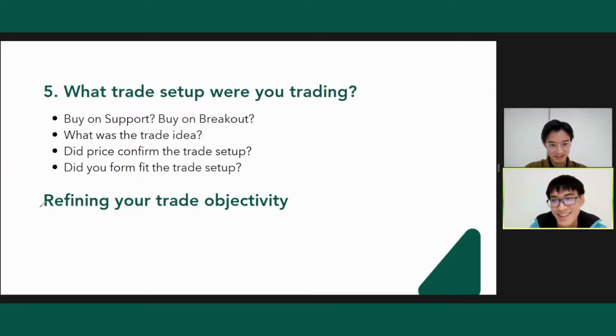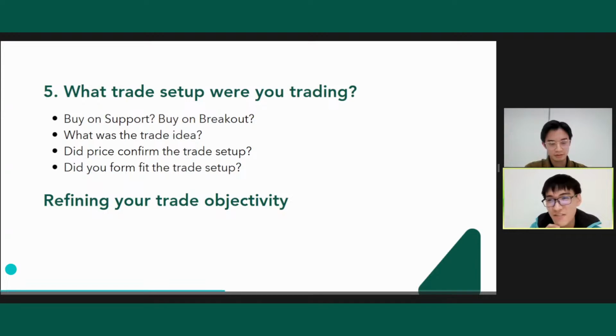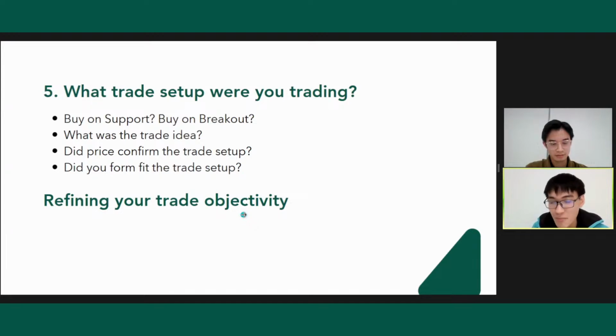Or for example, if the patient keeps on limping, then probably he's lame, right? Something like that. You're like a doctor trying to diagnose yourself. That's how you can think of your trading journal. So here, you're trying to refine your trade objectivity. The setup you're trading should be what the market is showing, not because you're forcing it, right?